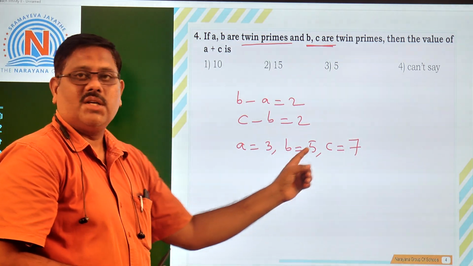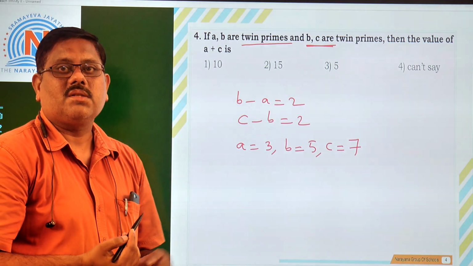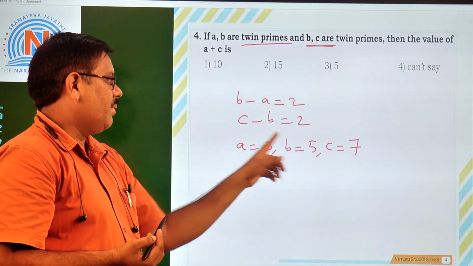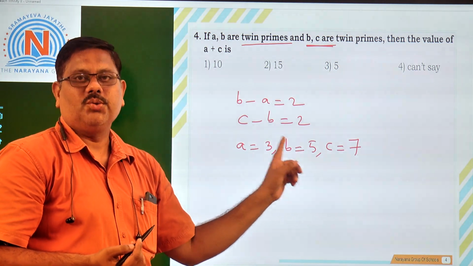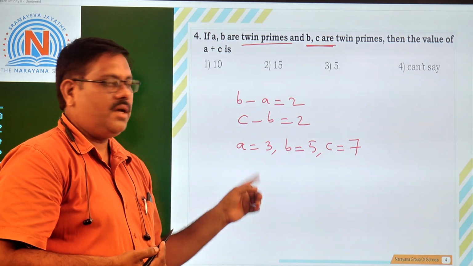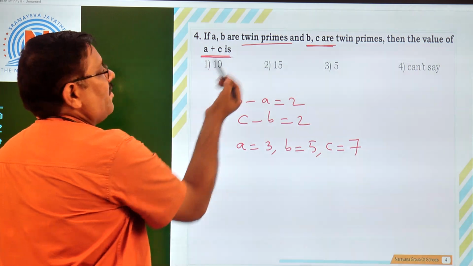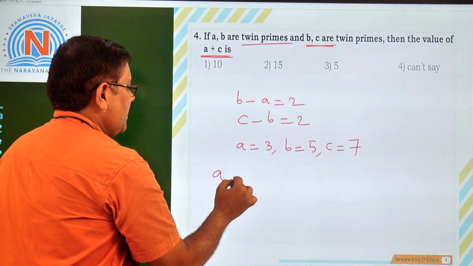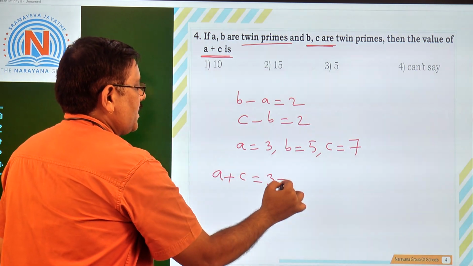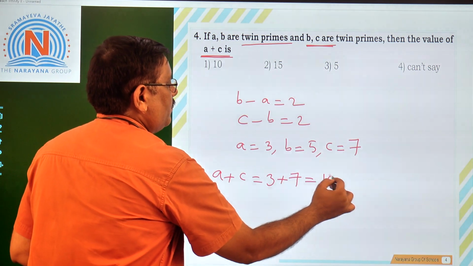Because these are three consecutive primes in such a way that b minus a is 2 and c minus b is 2. So we have to consider a as 3, b as 5 and c as 7. Now he is asking us to get the value of a plus c. So a plus c is going to be 3 plus 7, that is equal to 10.